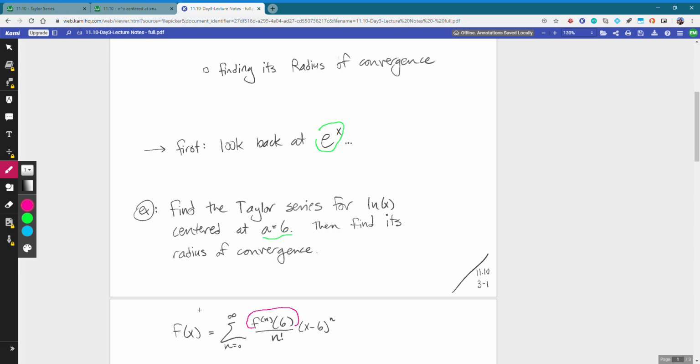We need to know the derivatives of our function evaluated at our center. Once we have that pattern, we can plug it in right there. So this is where we start taking derivatives and plug in our center and see what we get. Why don't you take a couple minutes and start on that process and see how far you can get in terms of finding the Taylor series for natural log centered at 6.